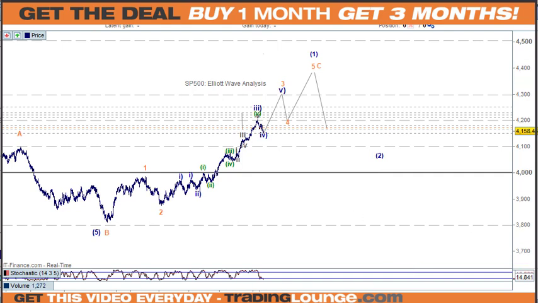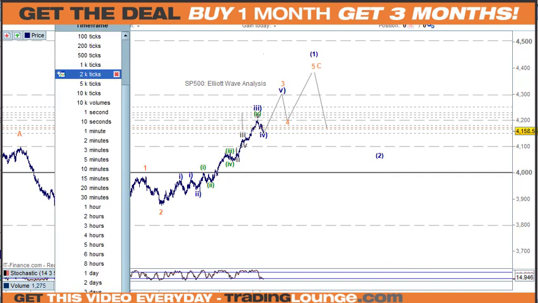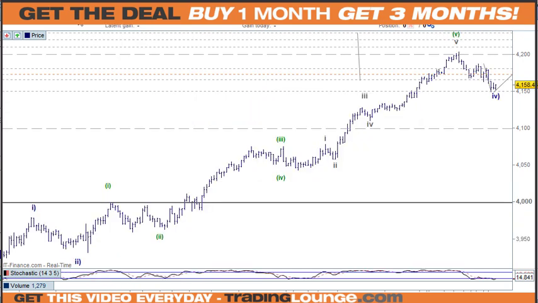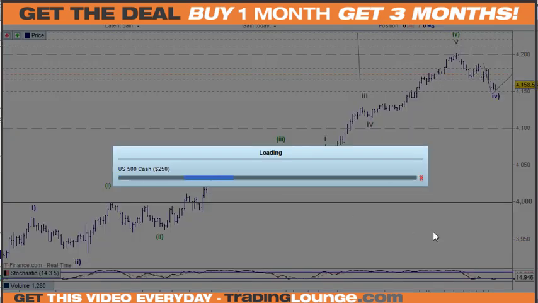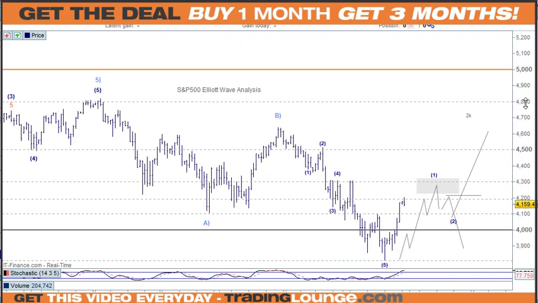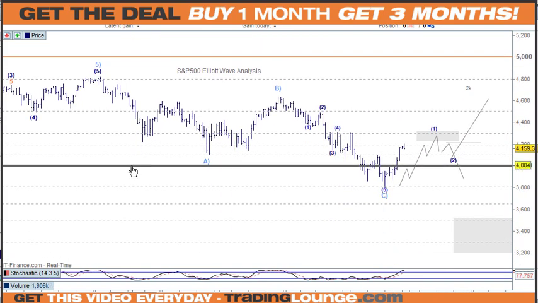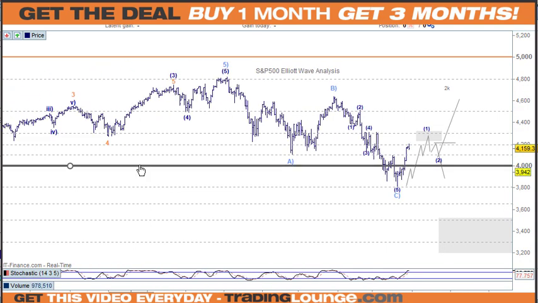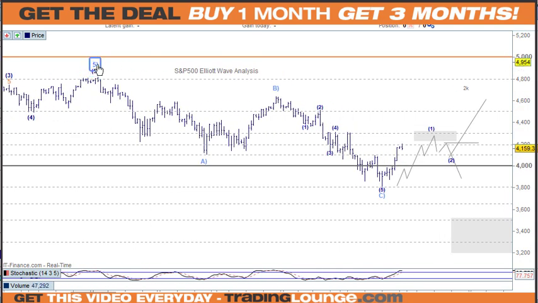But what I wanted to have a look at here was 2 things. Look at the daily chart for one moment, just so you've got an idea of where we are at the moment. As it stands, this is the top. I'll keep it simple: it's an A wave, a B wave, and a C wave down here. In that space, we're looking for 5 waves up here, and then 3 waves back for wave 2, and then pushing up.